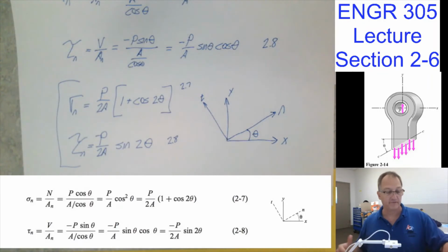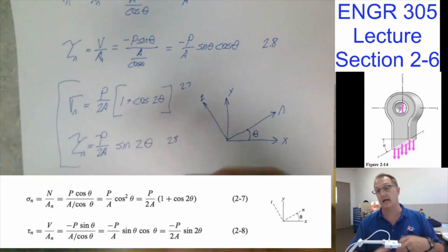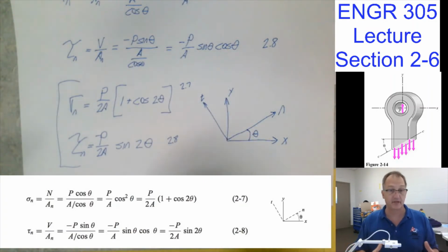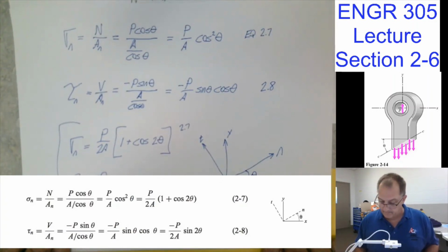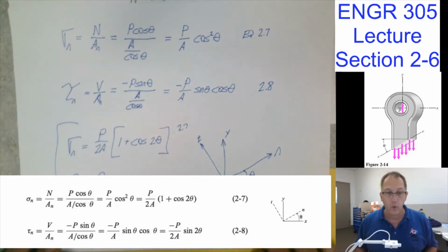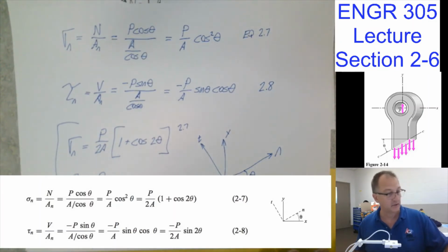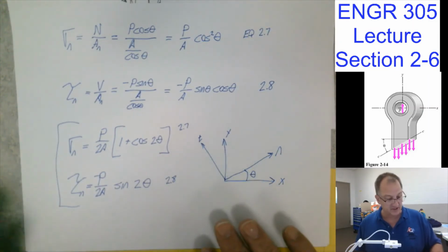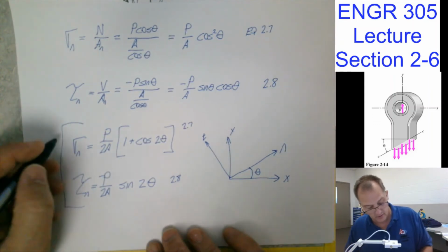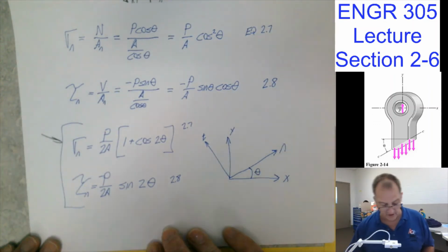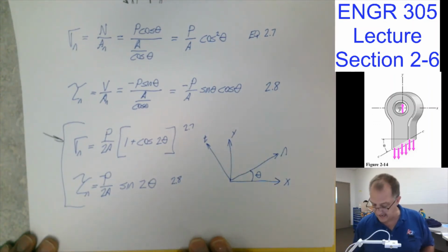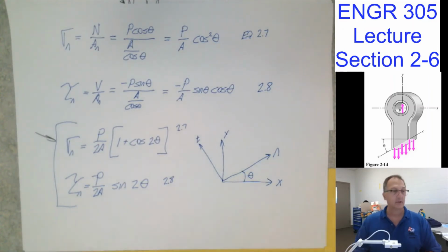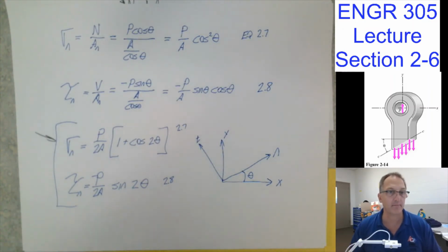I hope what you'll see from me is not only do I just get the equations, not only do I just get an answer, but I want to spend time thinking about it. So when does this equation, let's start with sigma n, have a maximum and when does it have a minimum?